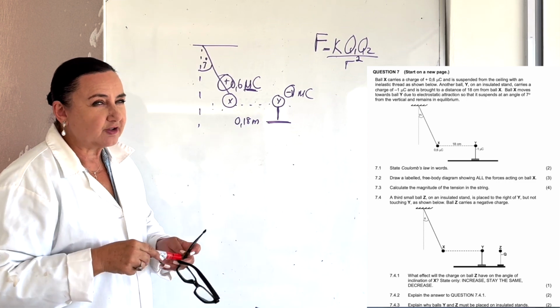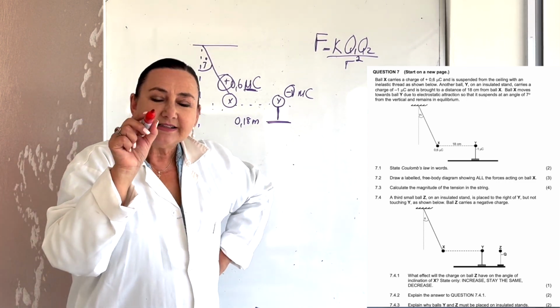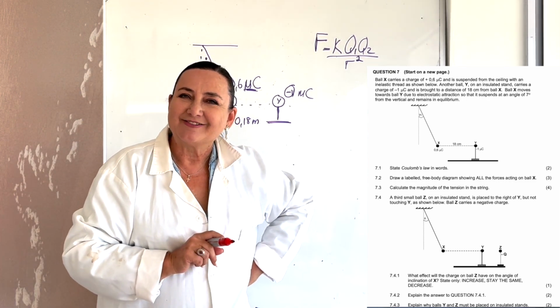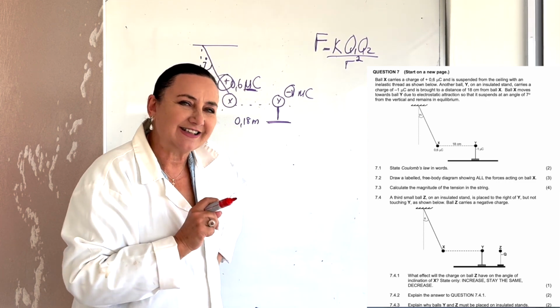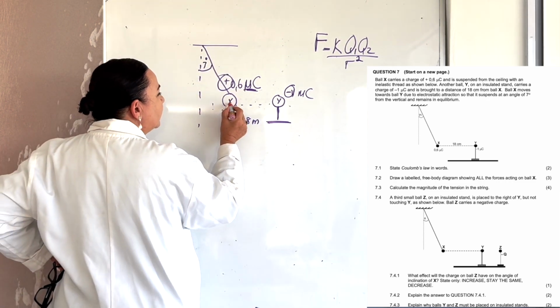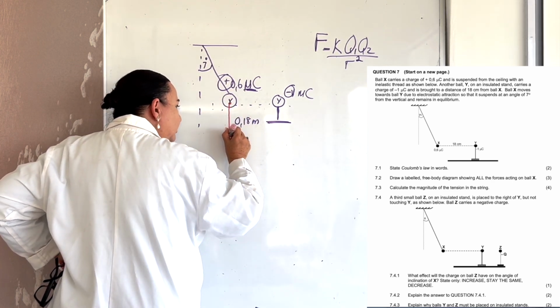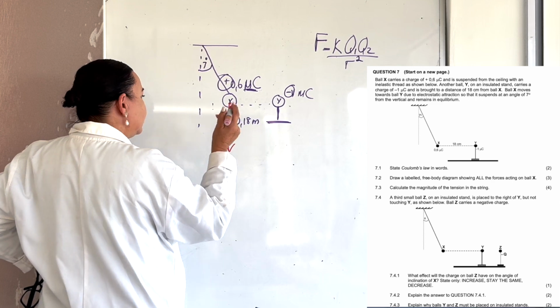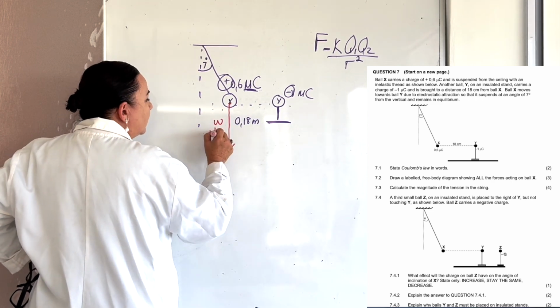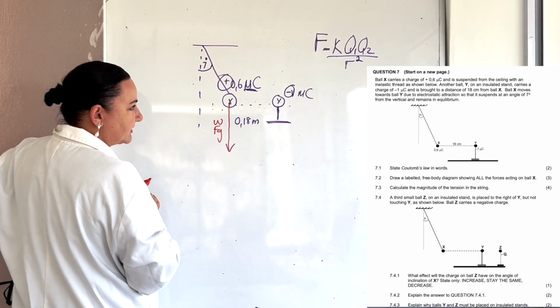Immediately I start saying to myself, listen, there are 3 forces working here. There's a force working on X because of the weight of that little ball downwards. So that is my weight, or Fg, gravitational force.